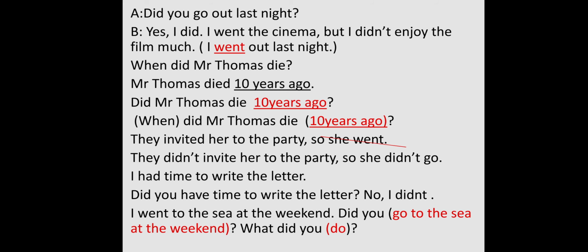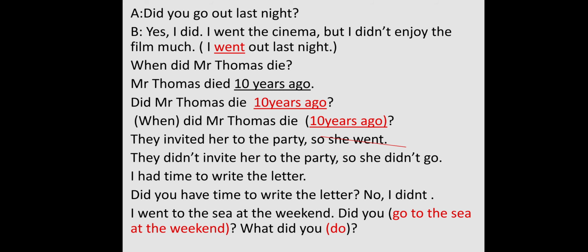If we want to form a yes or no question for this sentence, it becomes, did you go to the sea at the weekend? So this is a yes or no question.